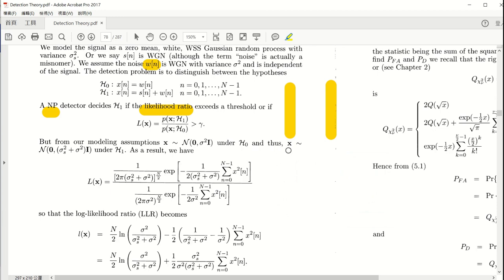And then X under H1 is distributed by what?